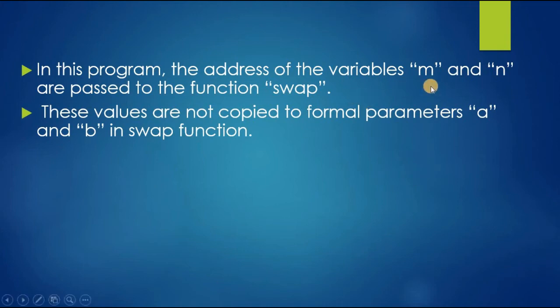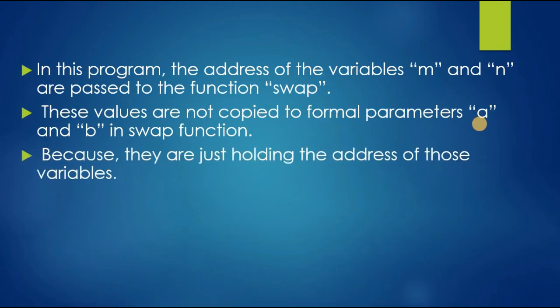Here our actual parameters are m and n, and the formal parameters are a and b. a and b will contain only the address of the actual parameters. They will not contain the values of the actual parameters, because they are just holding the addresses of those variables. a and b only hold the addresses of m and n.